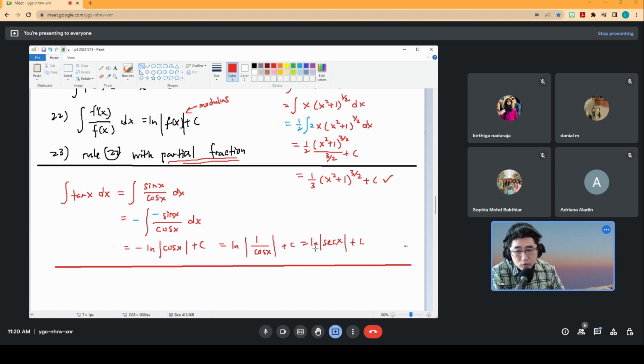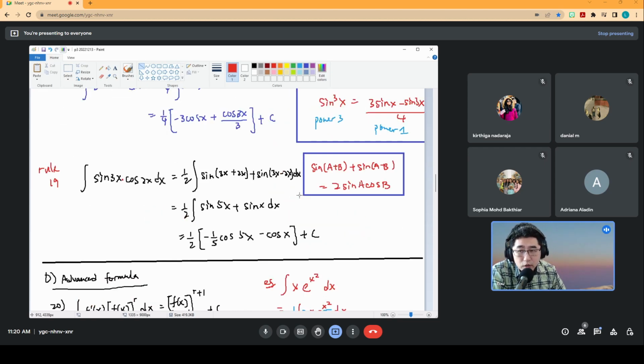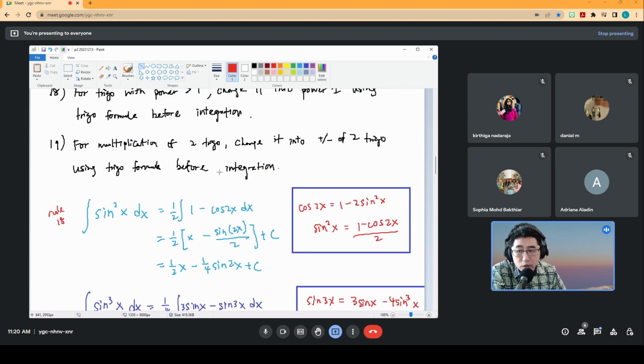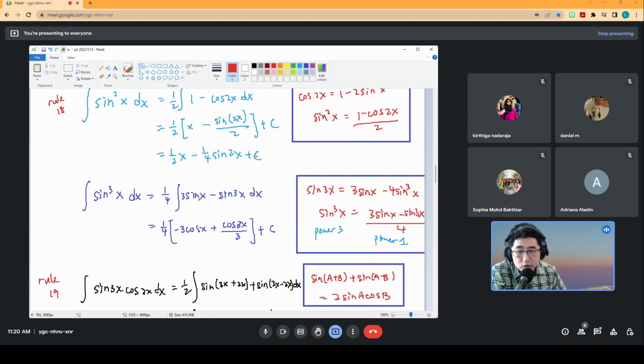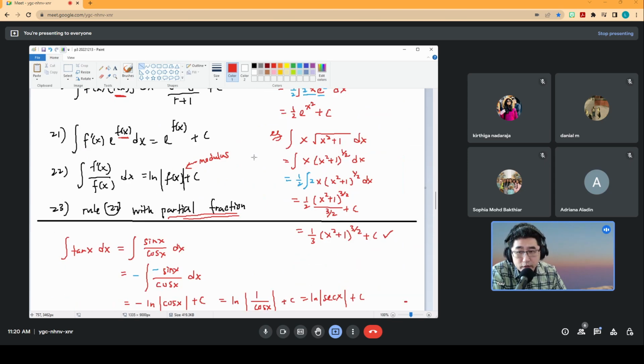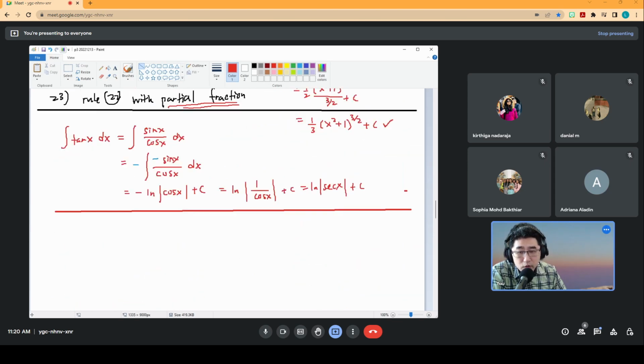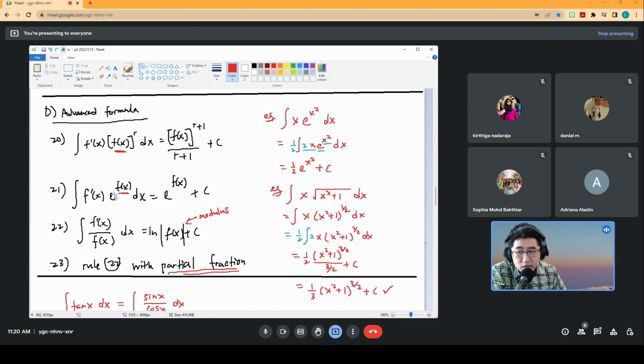Please remember the way that you learn these formulas is one after another, getting more and more difficult. Since this is already section D, we assume students are already okay with sections A, B, C. Hence, it will be good if you can use the formula and answer the questions.